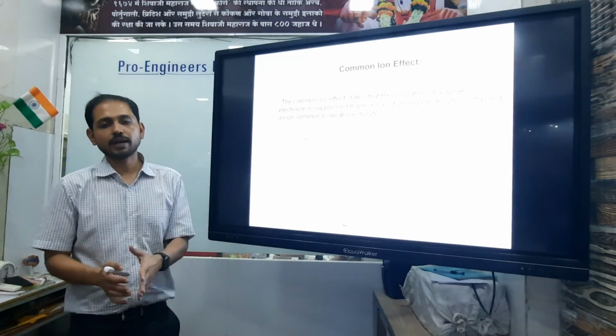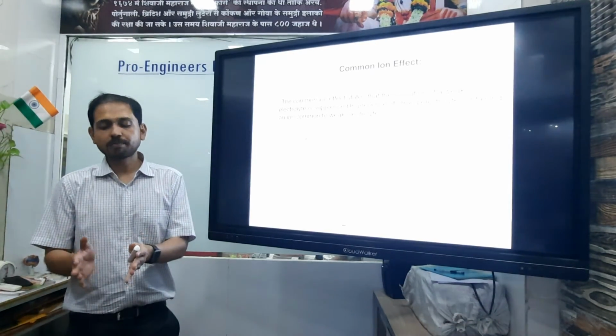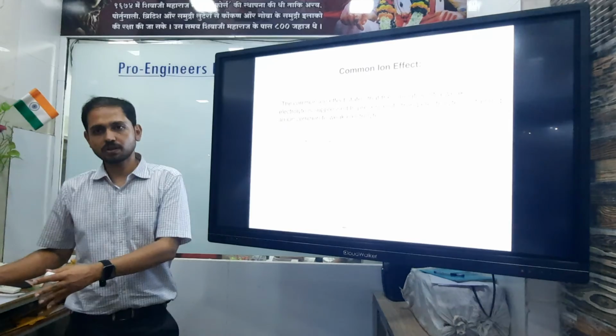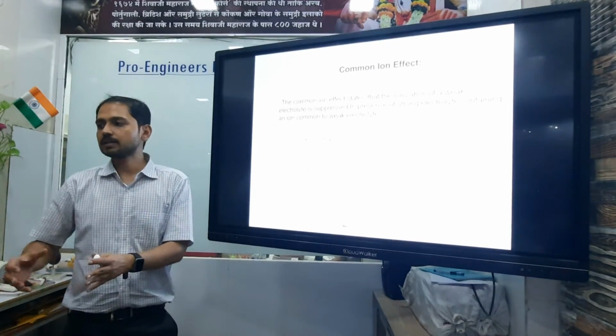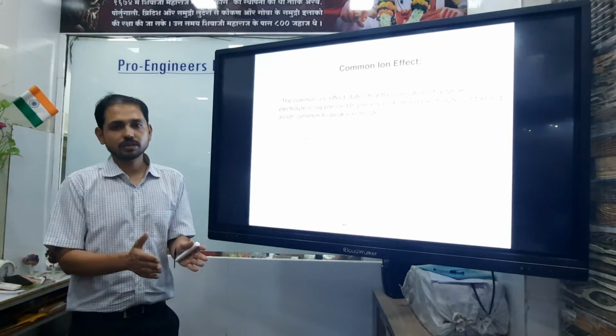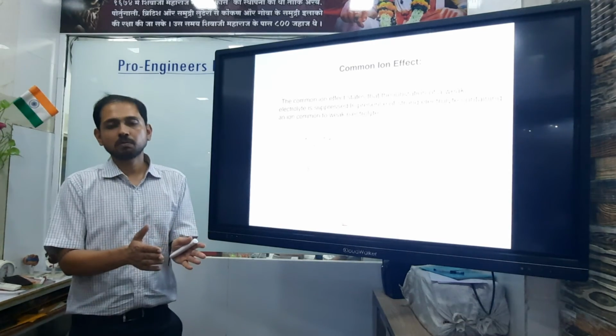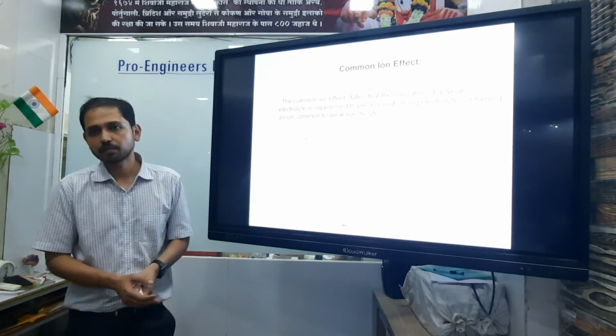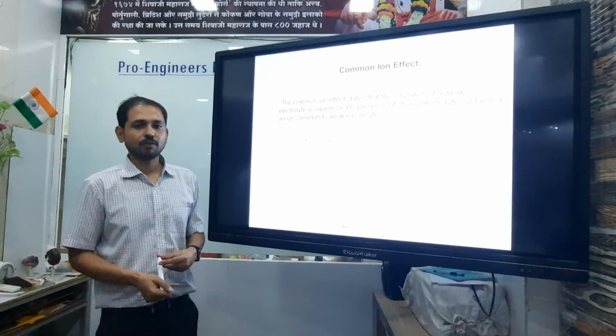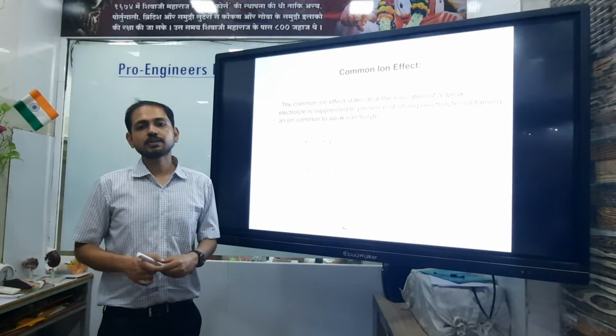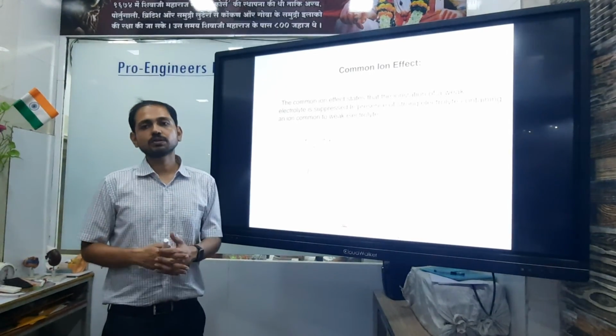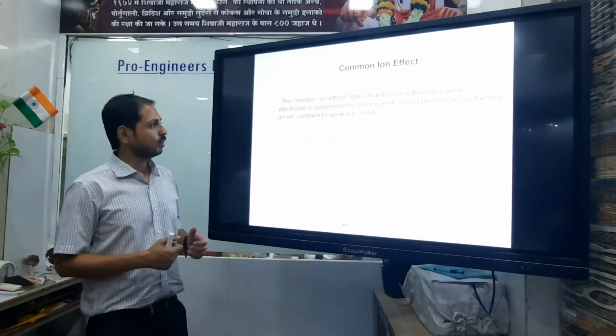Suppose initially, before adding sodium acetate, 50% of acetic acid is dissociated. If you add sodium acetate, the degree of dissociation will decrease, so maybe it will be 40% or 45% or 30%. This is how the common ion effect decreases the degree of dissociation.